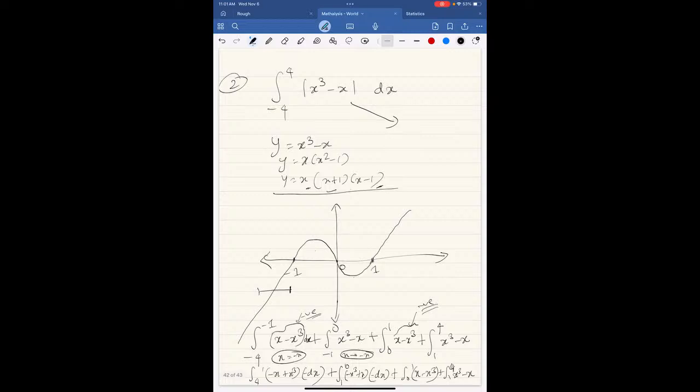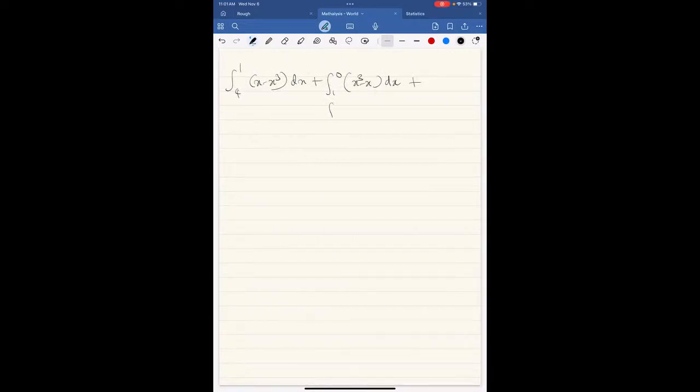Okay, and then next is 0 to 1 x minus x cube plus 0 to 1 x minus x cube dx, plus, and then 1 to 4 x cube minus x dx. Now if we just reverse the limits of integration, we can make it go from 1 to 4 with a negative sign introduced over here, right?